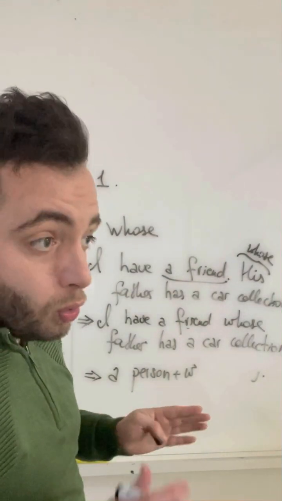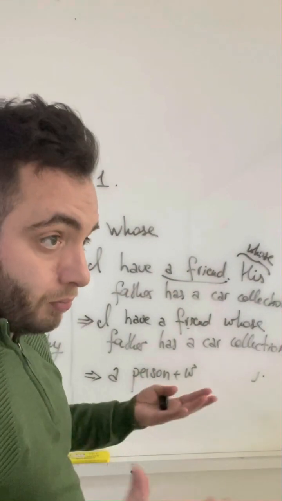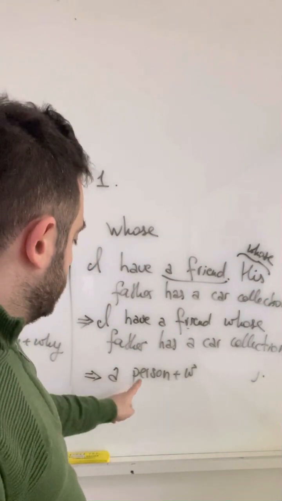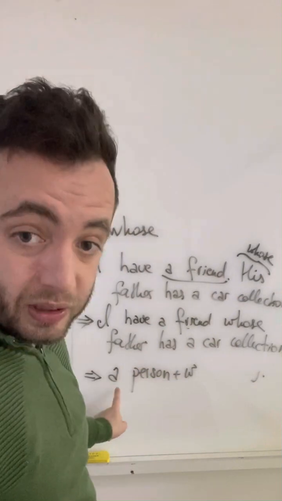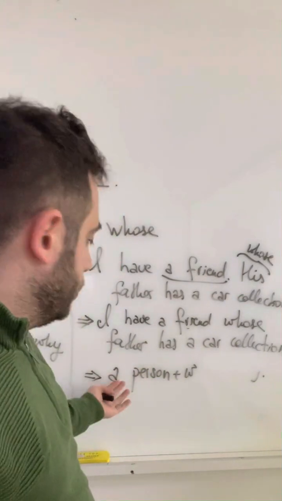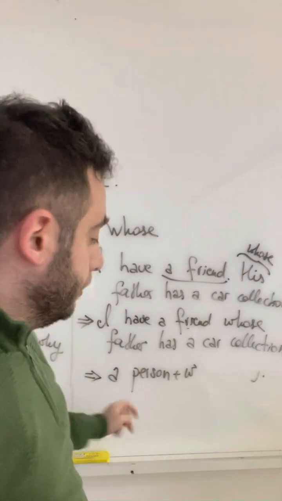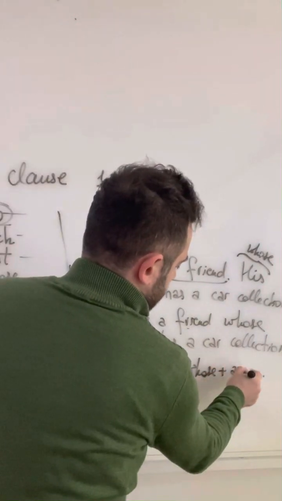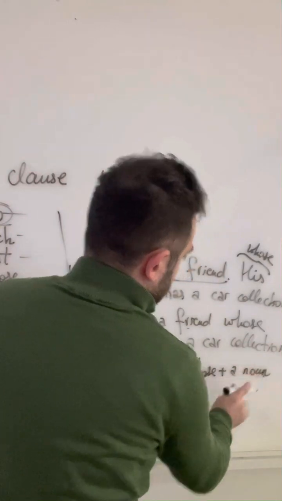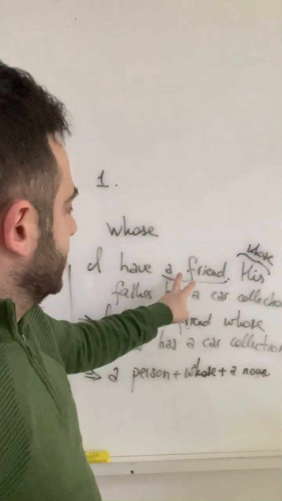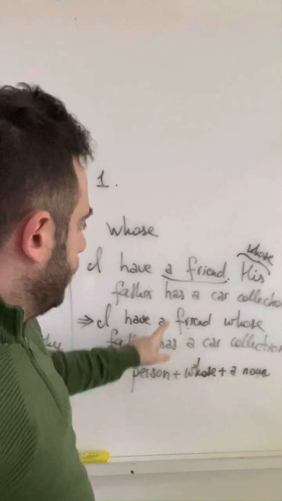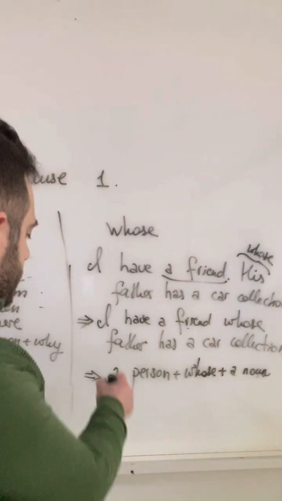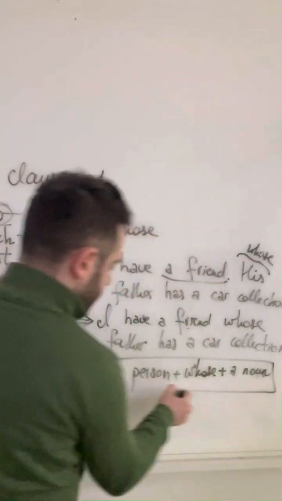No problem about the form of the noun, singular or plural. It can be singular or plural. So person plus whose plus a noun. This noun can also be singular or plural. But in my example, I wrote a single person here, person means friend, and also a single noun, father. This is the structure, let's say, for this.